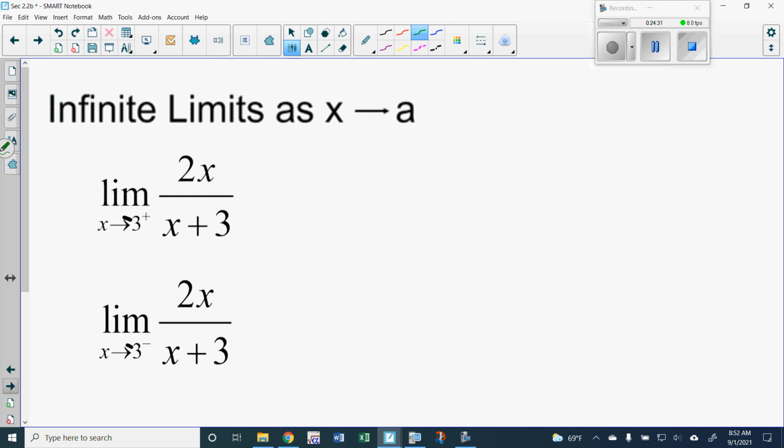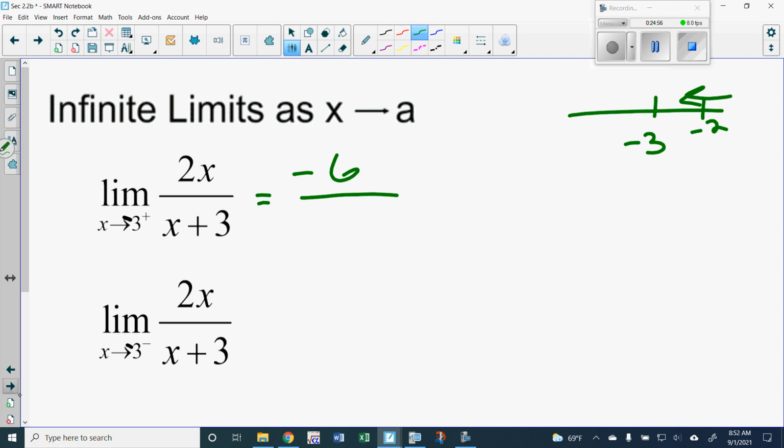So as we approach negative 3 from the right, so you're getting to negative 3. If I put negative 3 in the top, what do I get? Negative 6. If I approach negative 3 from the right, that would be a number like negative 2.